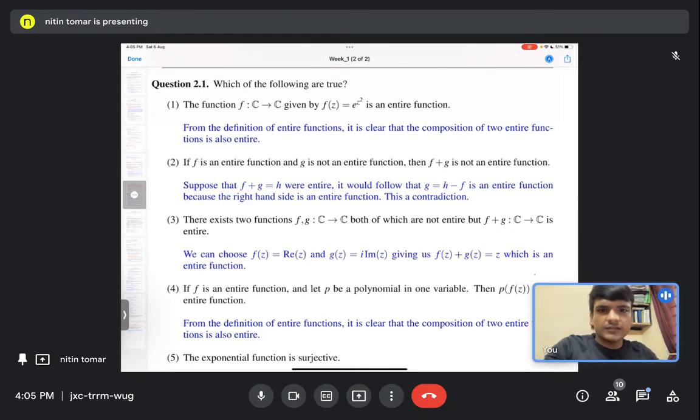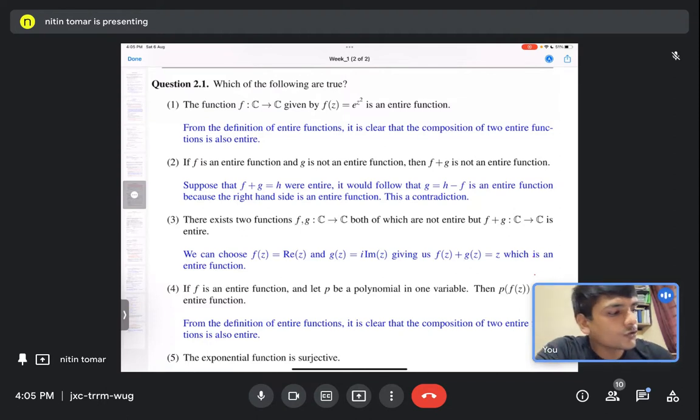In question one, first part, it has been asked whether this function e to the z square is an entire function. We know that a composition of entire functions is again an entire function.